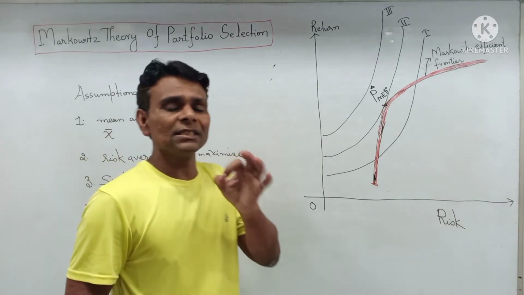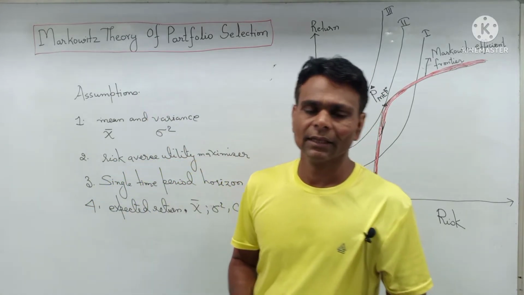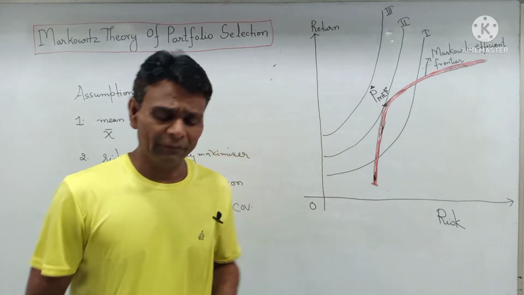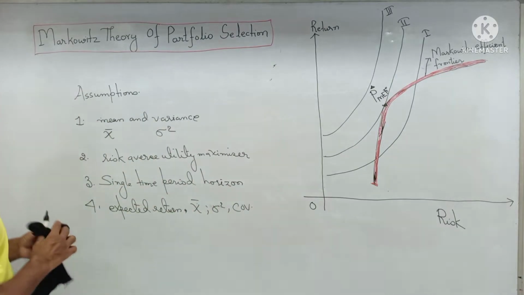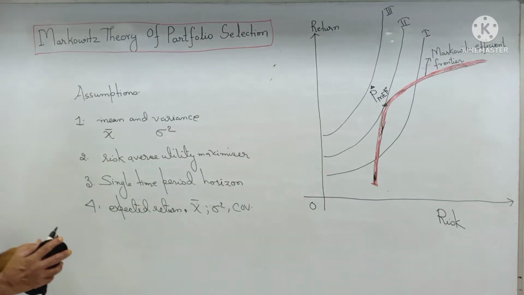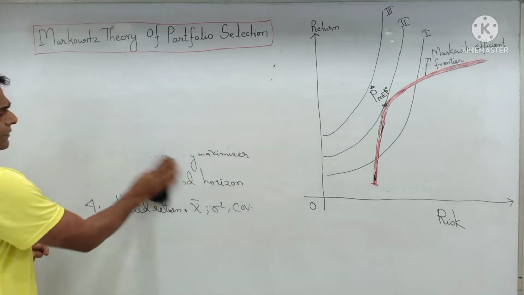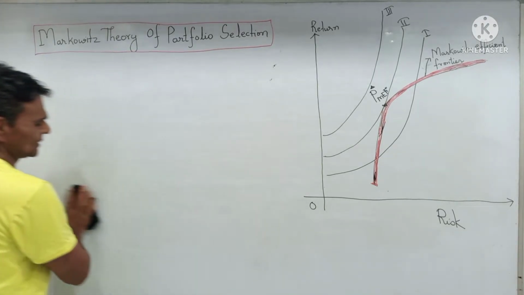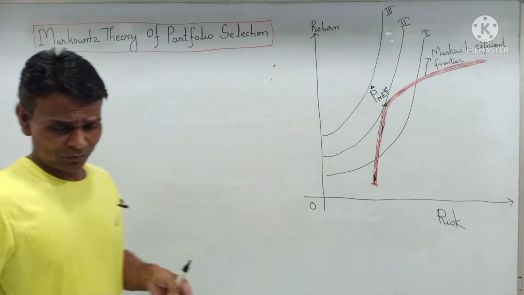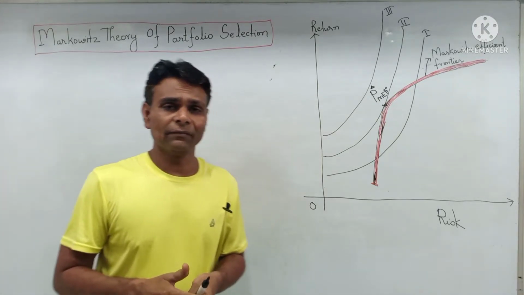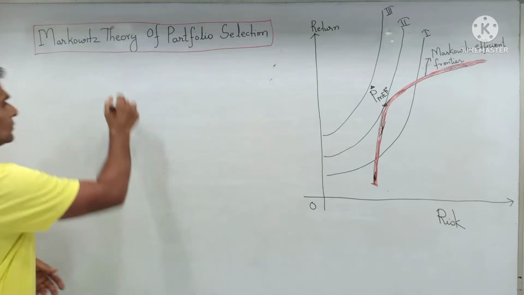for a risky asset. A set of efficient portfolios is given by the risk return indifference curve. You can see how the risk return indifference curve is drawn.